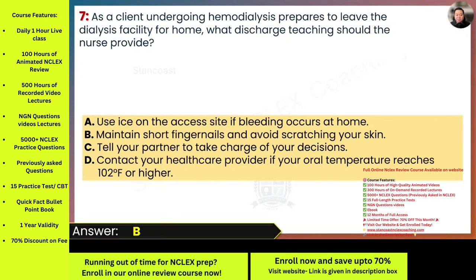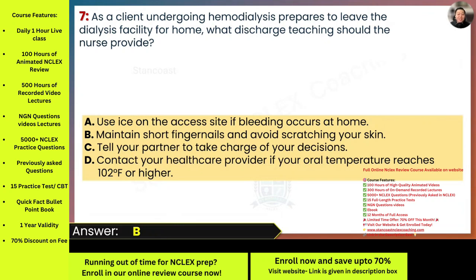Now, what about letter D? This temperature elevation of 102 degrees Fahrenheit. It states to contact your healthcare provider if your oral temperature reaches 102. Basically, this is just waiting for a temperature of 102, and this is risky, because patients can develop high temperatures even at 100 or 101.